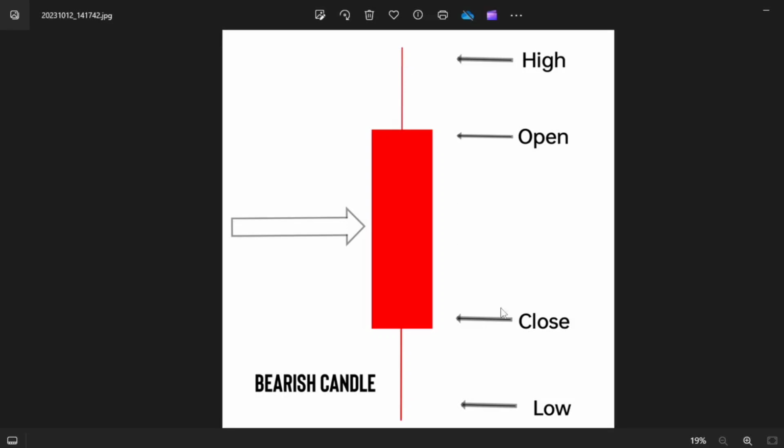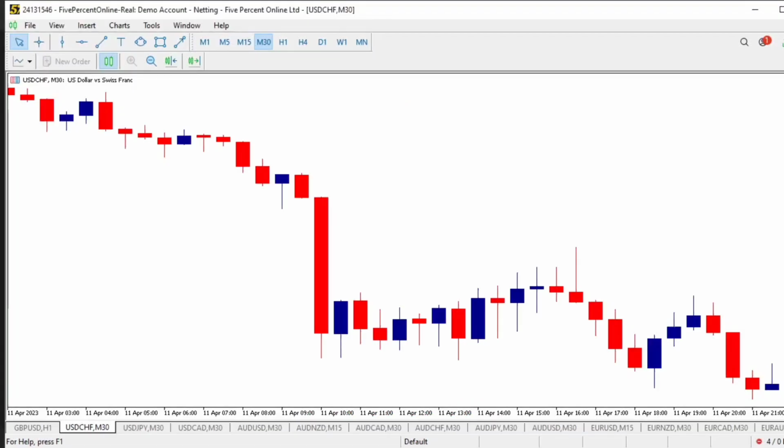Now let's look at the chart. If you look at this chart, let's look at this first candle.